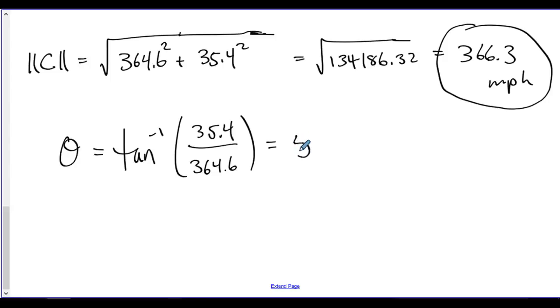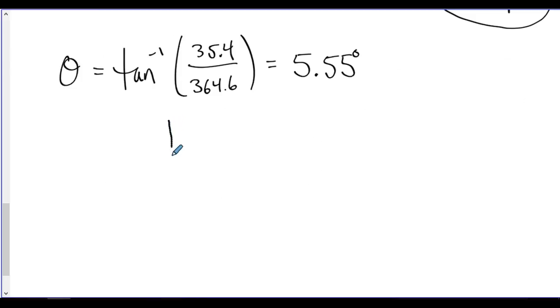This comes out. Now I'm going to put it in degree mode. You could write it either way, but being a practical word problem, very often degrees is a more practical way to state your answer. So what we're really looking at is this really long 364 units and 35.4 units.